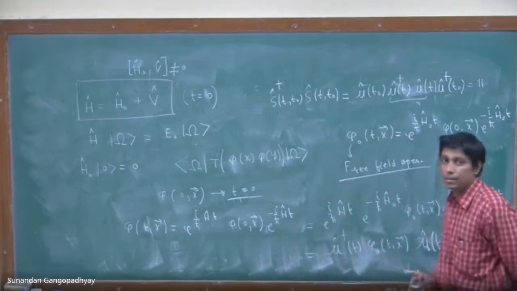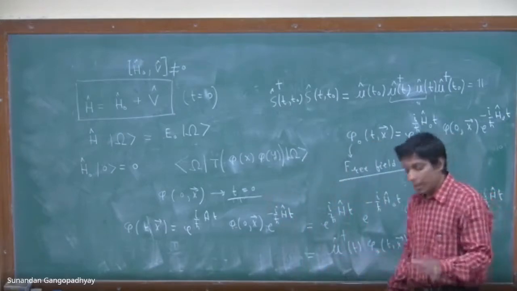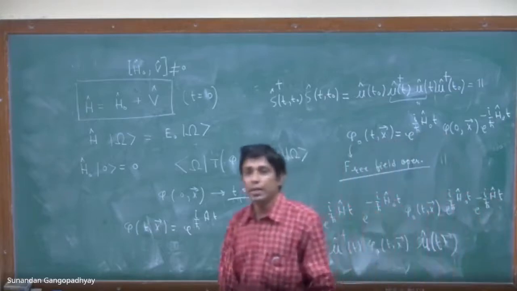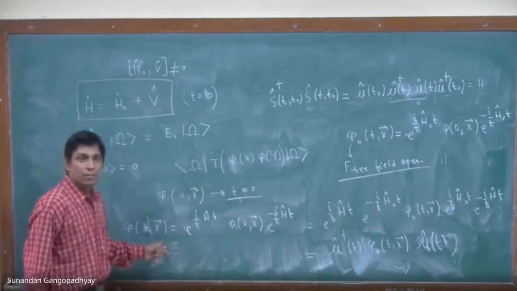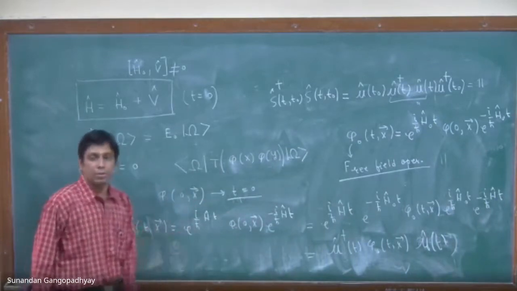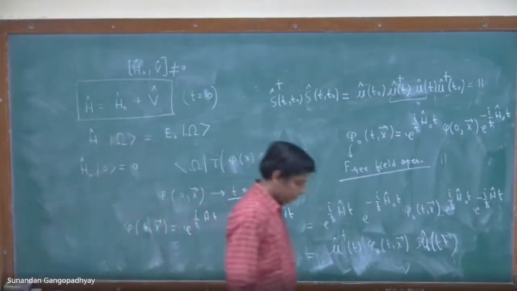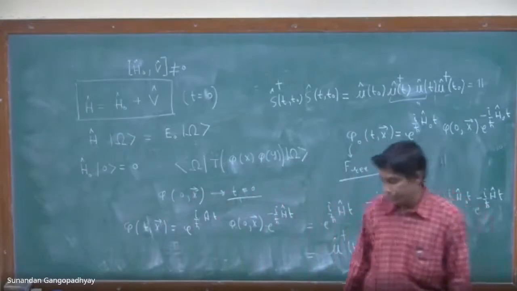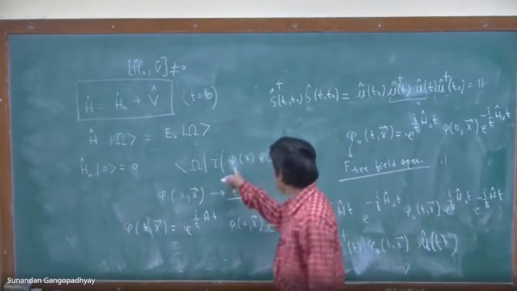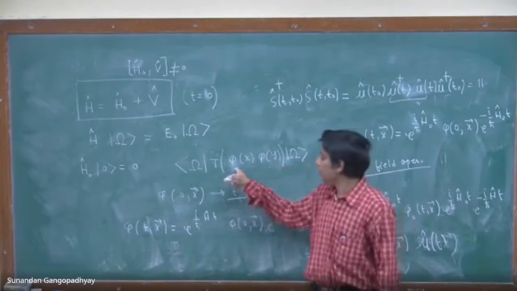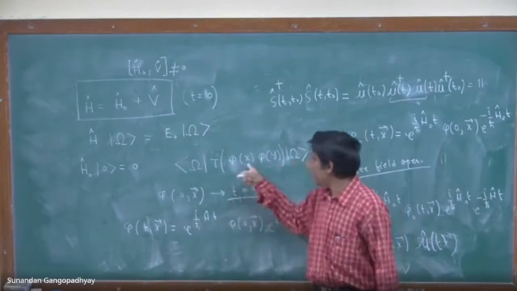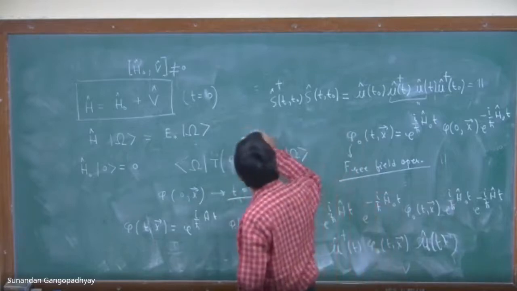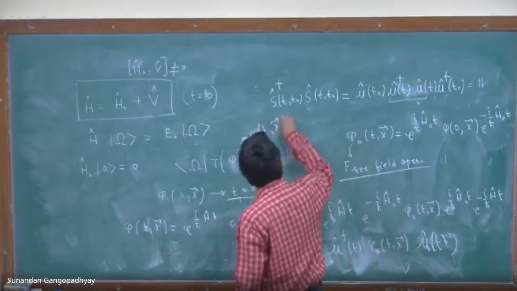Now you can write down at least some neat mathematical expressions for this operator phi t x in the Heisenberg picture. So you know what this is, at least. So what is phi t x or phi x? This thing is actually phi of t comma x vector, because this x is a 4 vector.